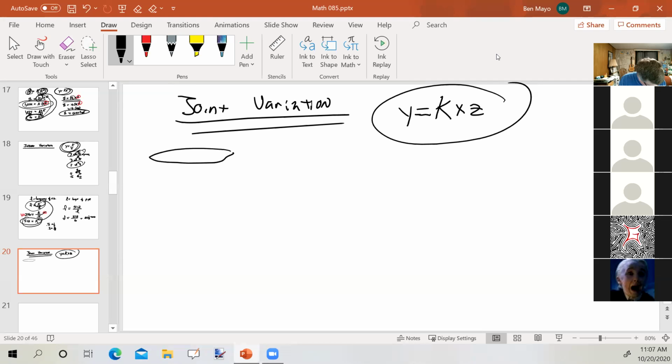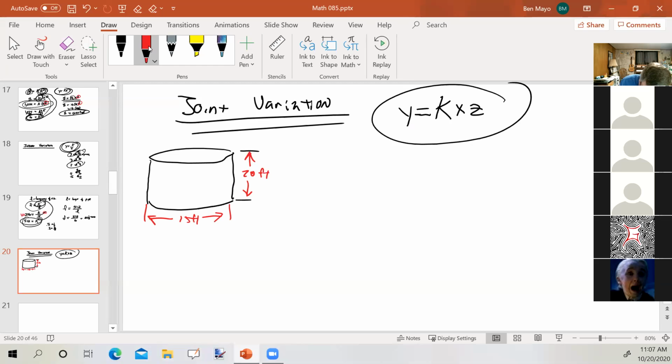So we've got this oil storage tank, and we're told that it is 20 feet tall and 15 feet in diameter. Okay, I can't read that very well. This is 15 feet. So it's 20 feet tall, 15 feet in diameter. All right.